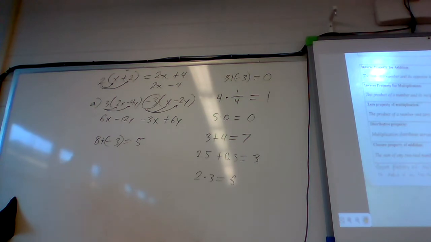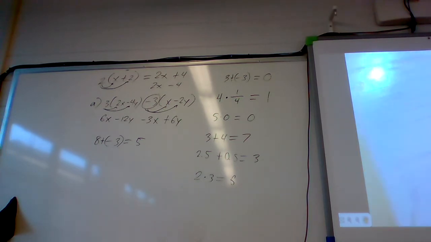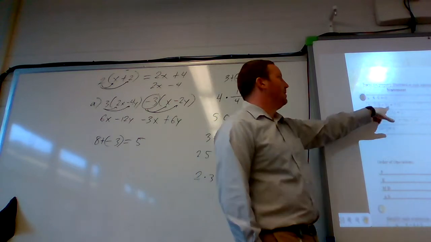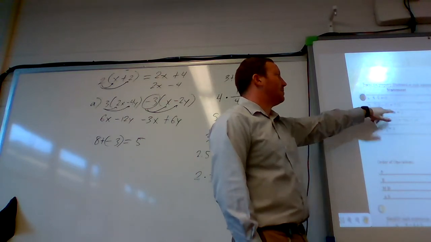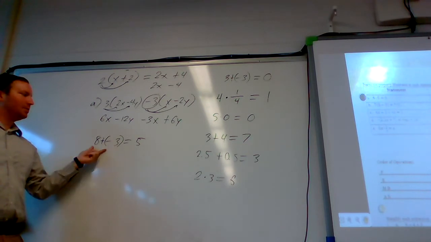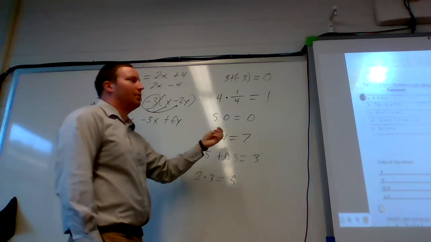So what is that one? Closure property of addition, right? So we have 7 times 8 minus 3 equals 7 times 5. That 8 minus 3, even though it's subtraction, you're really just adding a negative number. So we get that 5. So that's still our closure property of addition.